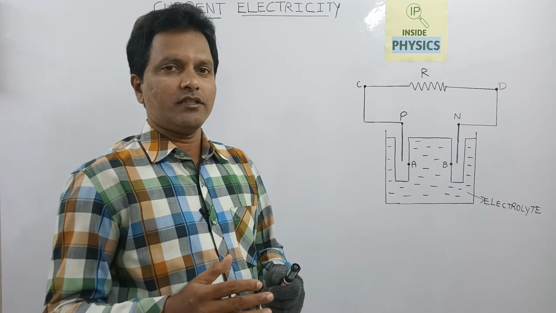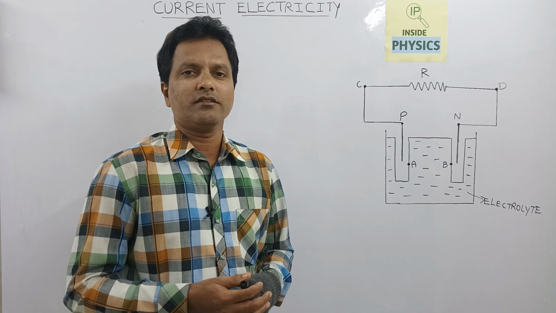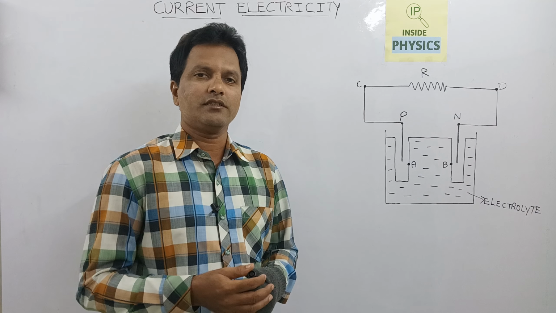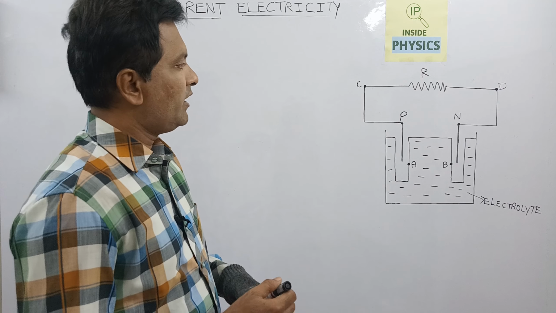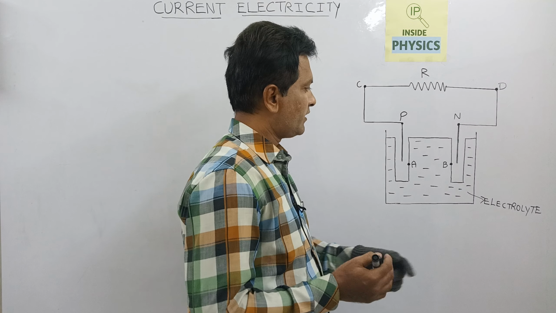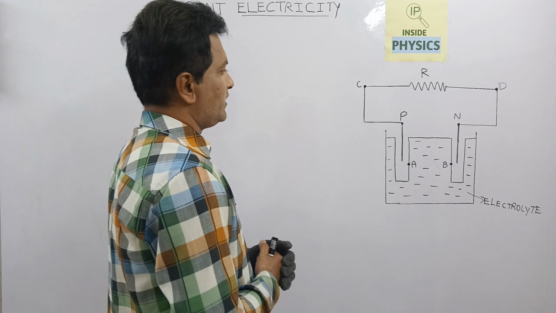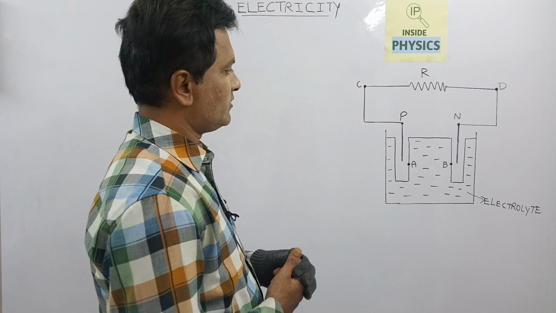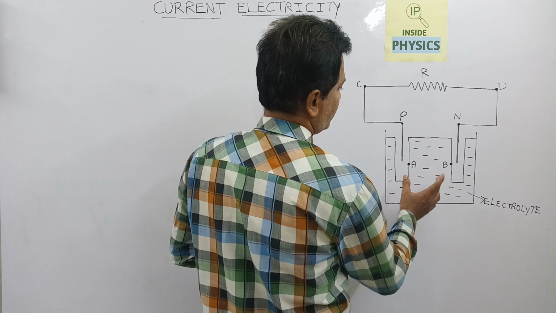The potential difference generates a current flow in the circuit. It is an external source which produces the required current, and we will see how an electrolytic cell works, and discuss the EMF and internal resistance of the cell.